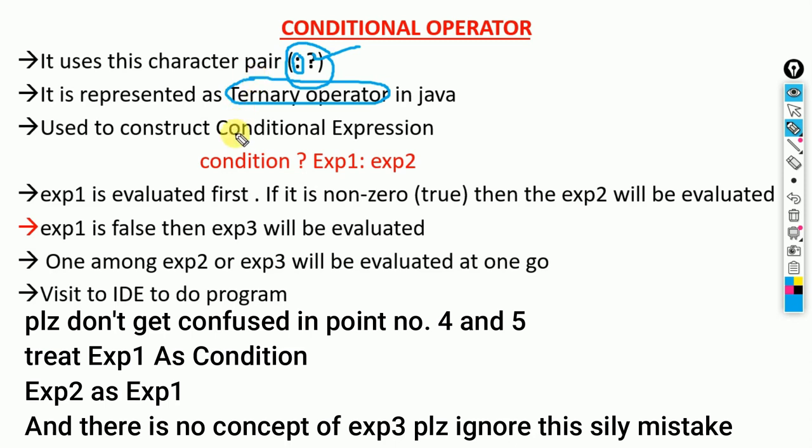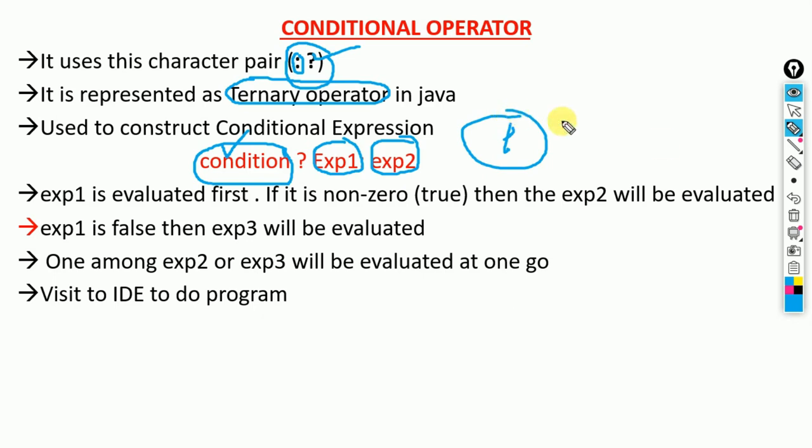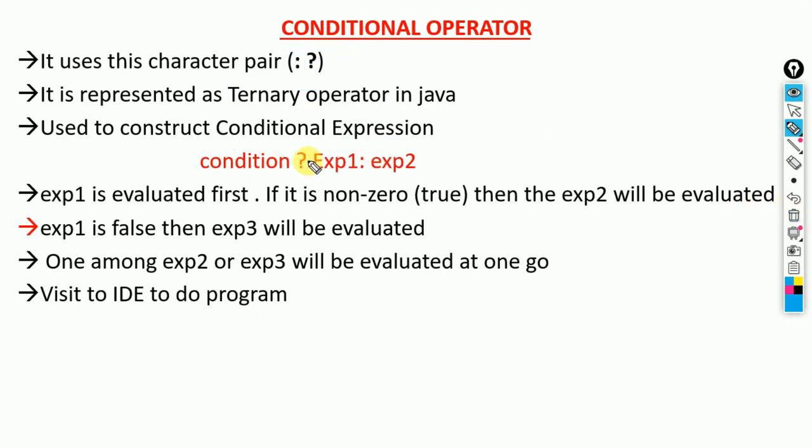Now, if we talk about the syntax, there is a condition on which we perform the operation, then expression 1, then expression 2. This condition is also an expression. You can call them expression 1, expression 2 and expression 3, but I'll use the term condition right here, and it is the most optimal term in conditional operators.